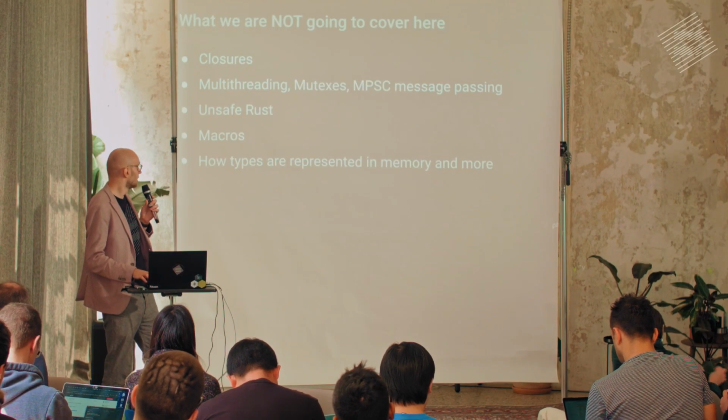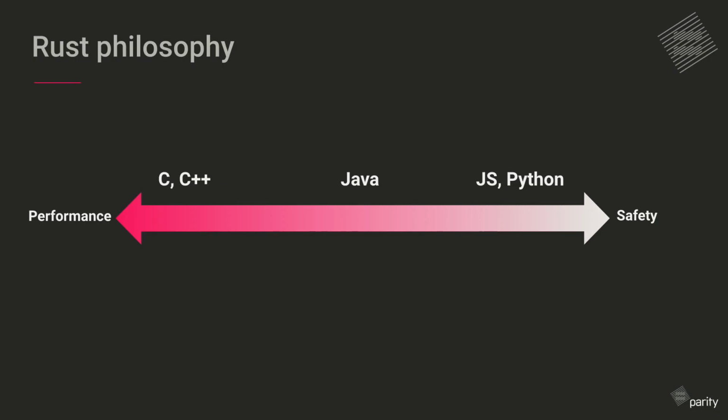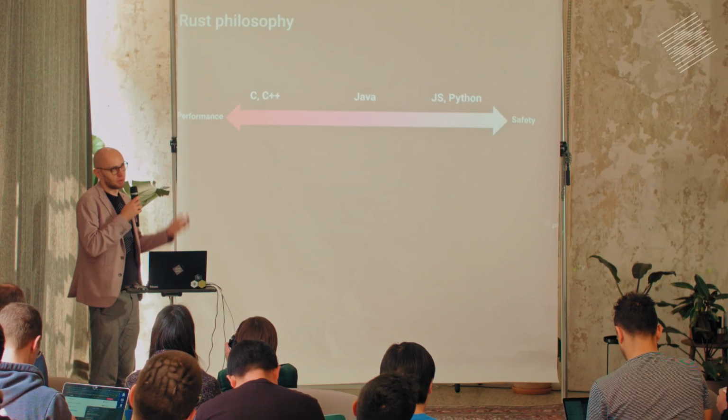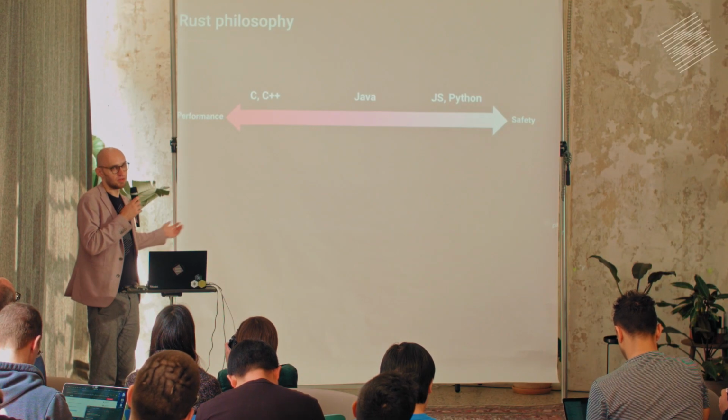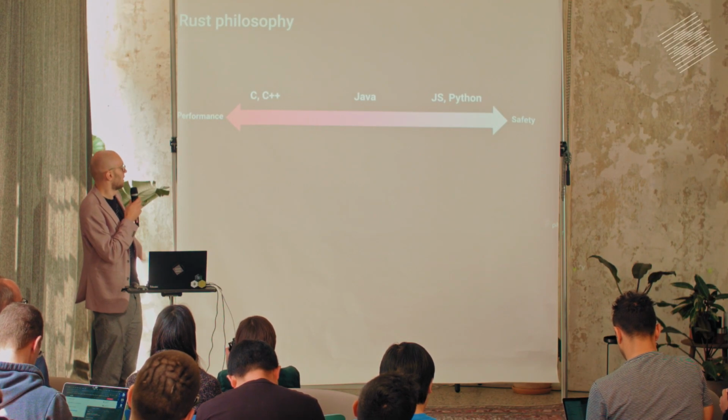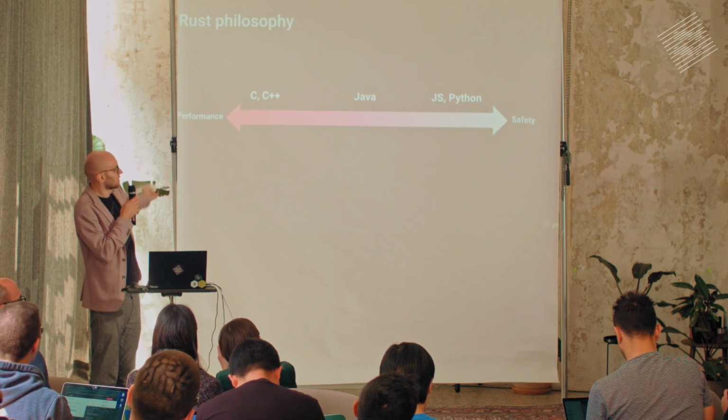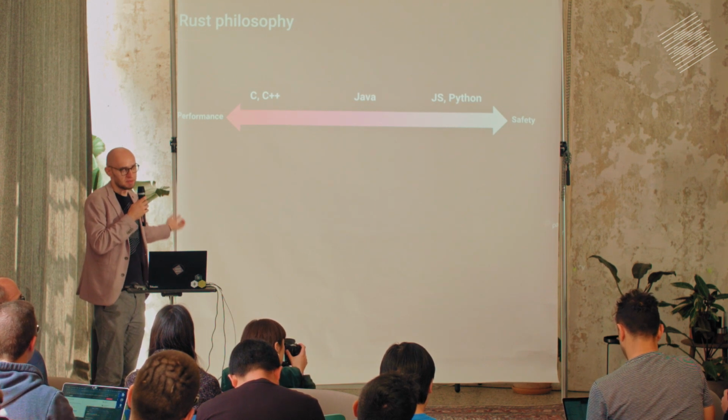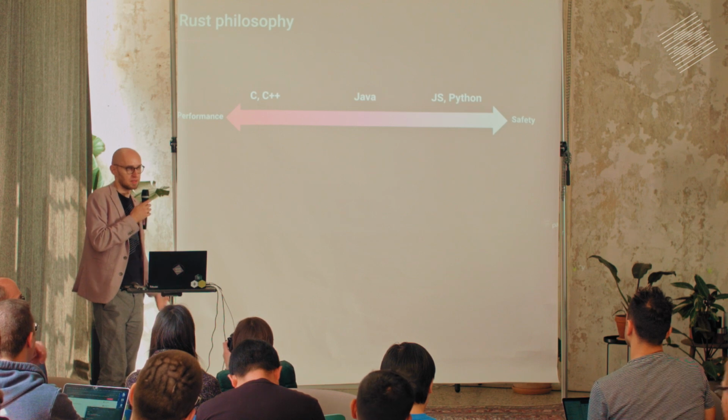So with that, what's Rust about? What's the philosophy of Rust? When you think about programming languages historically, you have a spectrum where on one side you have C and C++, which are high-performance languages. You do operating systems in them, and you do cryptography in them for some reason, which is a horrible idea because they're horribly unsafe.